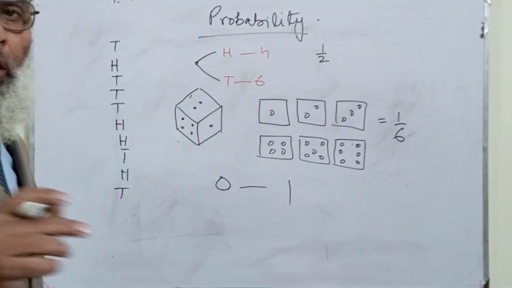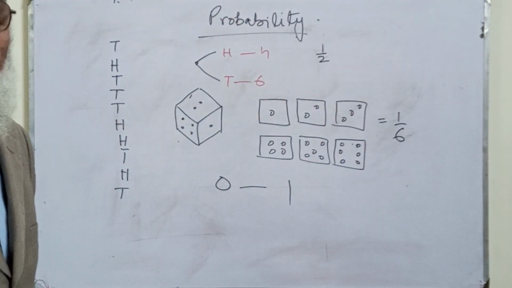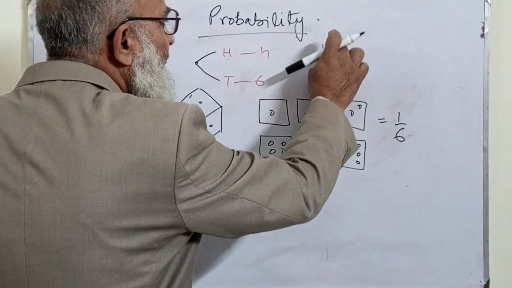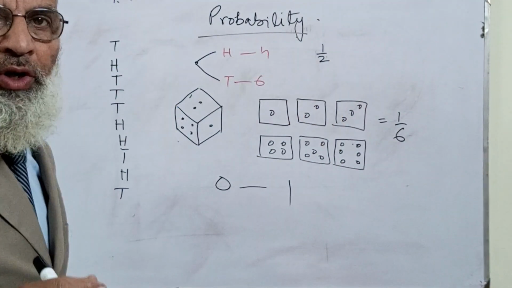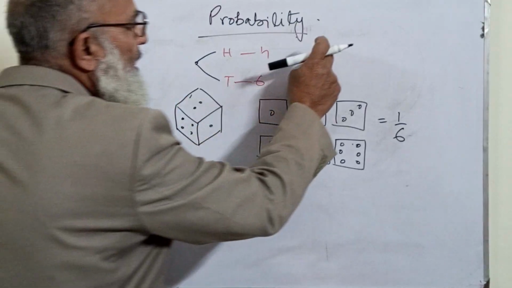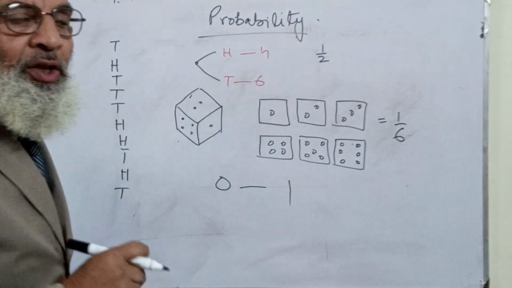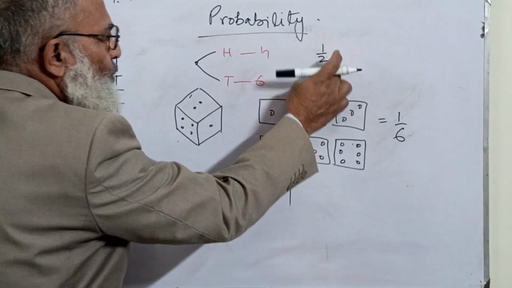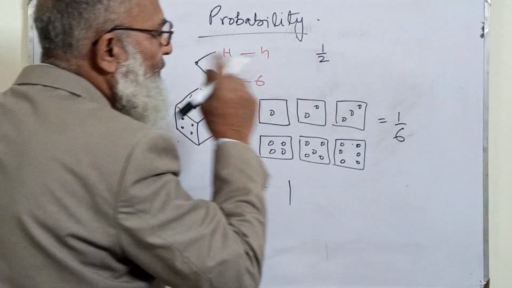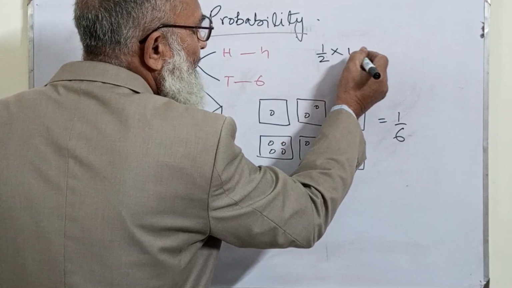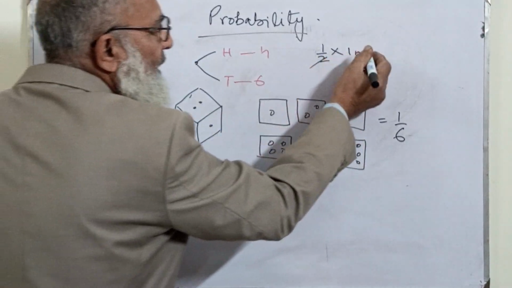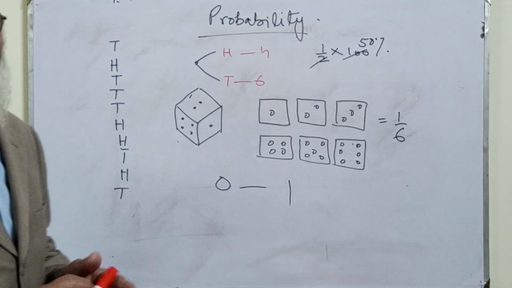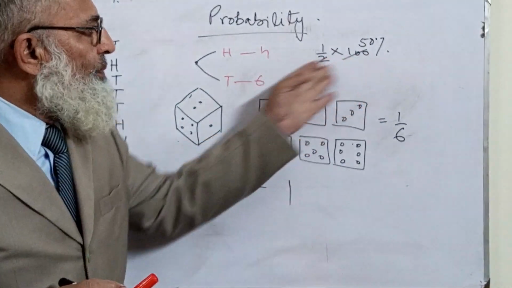There are two faces, and getting on the top is only one. Therefore, the probability of each head or tail is 1 by 2, and if we multiply this with 100, it becomes 50%.